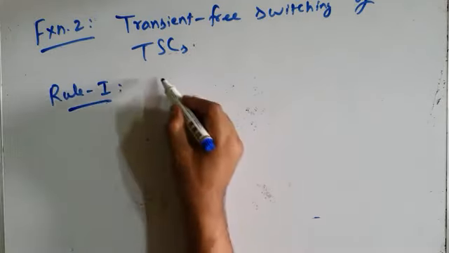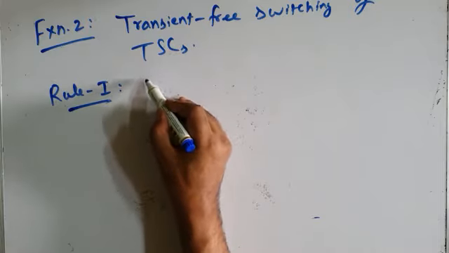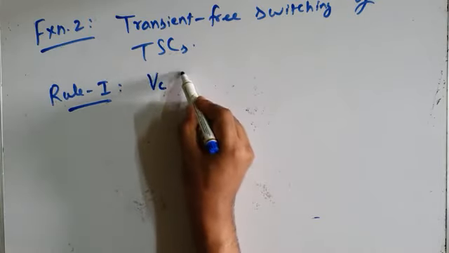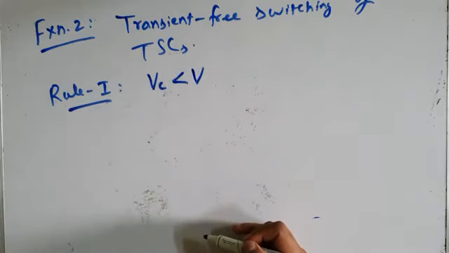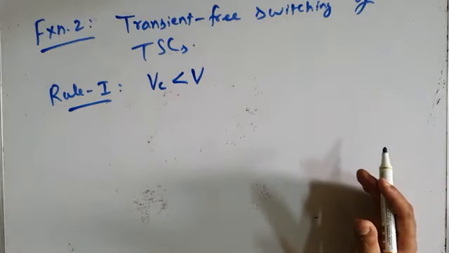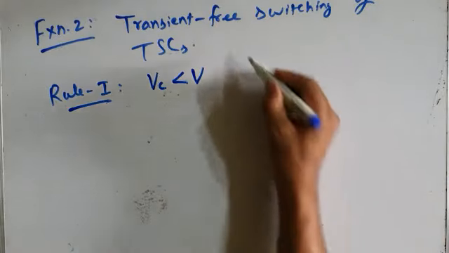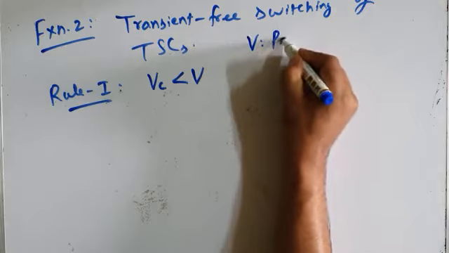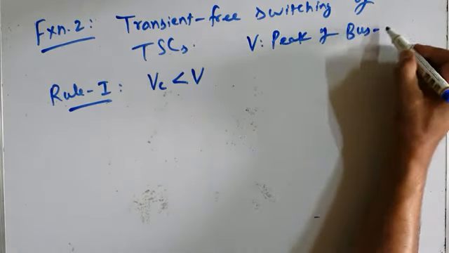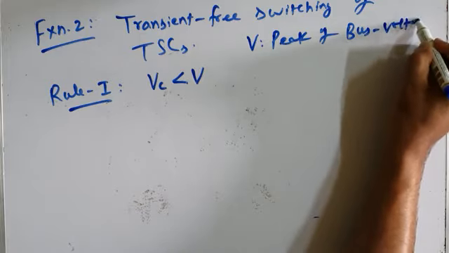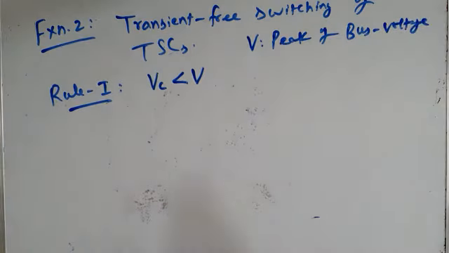Rule 1: if the capacitor voltage is less than the peak of the source voltage or bus voltage. What is V? V is the peak of the bus voltage or transmission level voltage, which is across the secondary of the transformer.